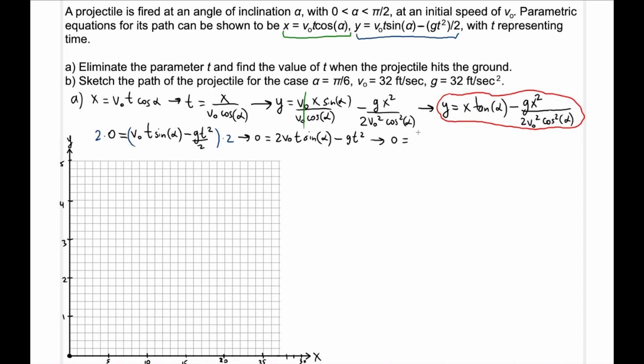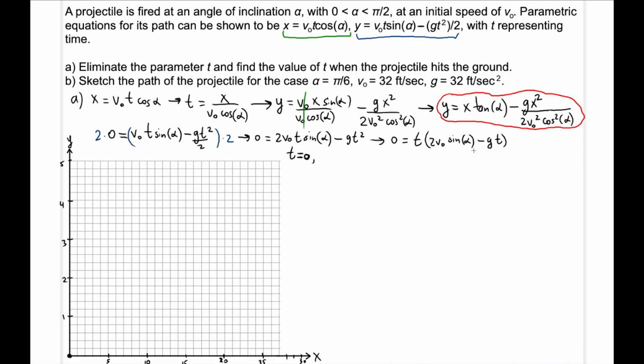We can factor out the t because it's in both terms, and inside we have 2v₀ sin alpha − gt, times t, equal to 0. We know t = 0 is true because at the time of launch, the projectile starts from the origin, as we said before.